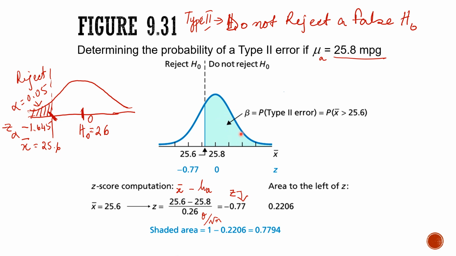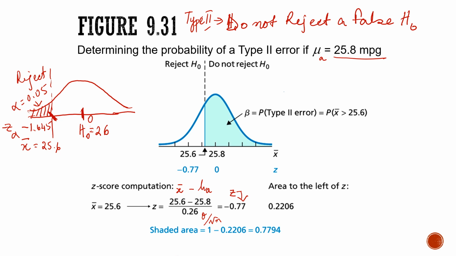In a left tail test, because the reject region is to the left, the do not reject region will be to its right. So using the table or using your calculators, you should be able to find your beta value. But here the beta is the area to the right.